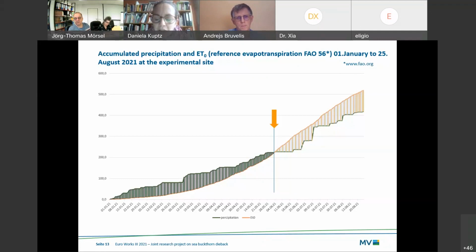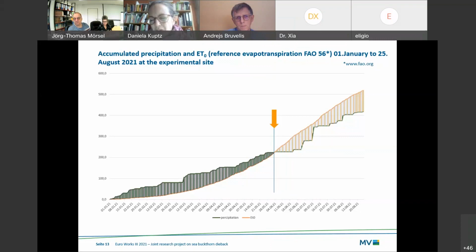If you want a special evapotranspiration for your special culture like Seabuckthorn, you have to discover a KC value, and we didn't finish this calculation yet, but I'd like to inform you further on.